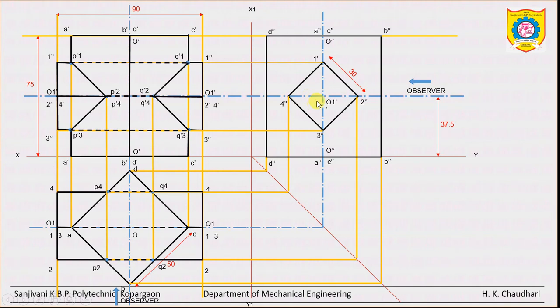Okay, so the edge we have to draw thick here up to here only, and from the bottom up to point number 3. Clear? So side view also is completed.